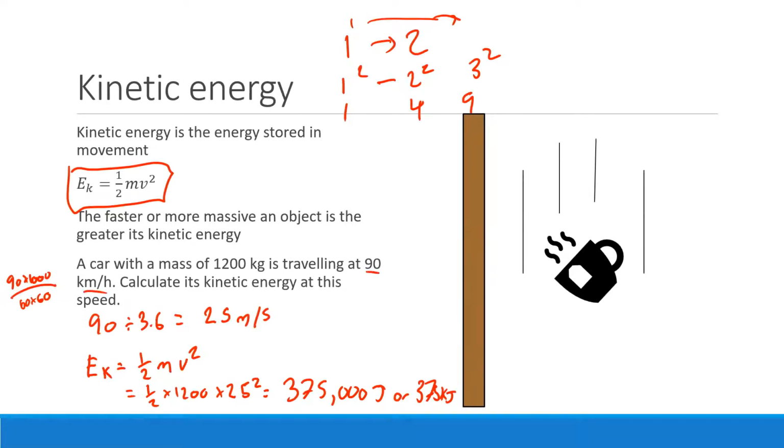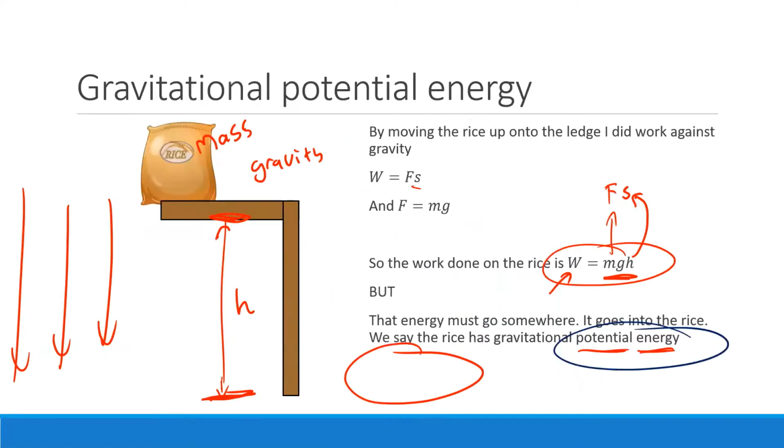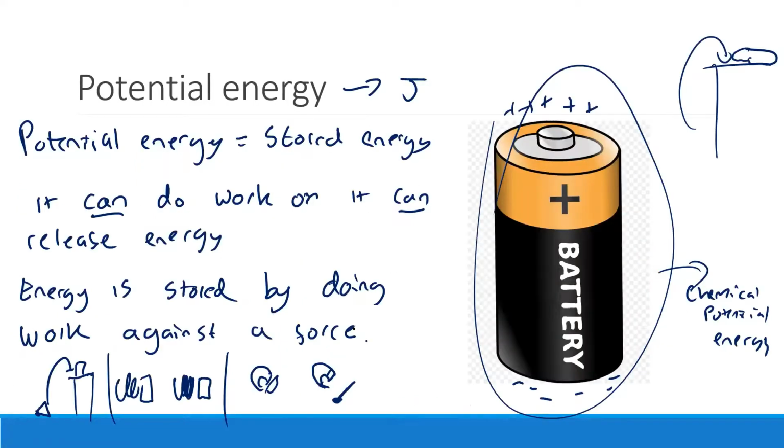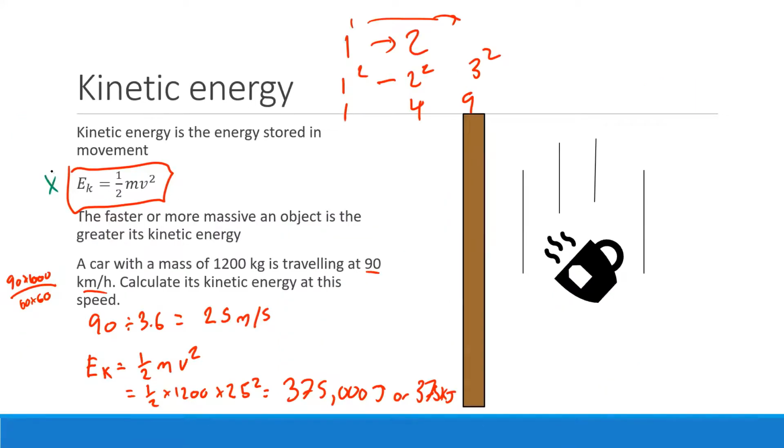We've got two formulas now: mgh down the bottom, and this formula here, mv squared. The kinetic energy is going to depend on how quickly it's falling. The potential energy is how high it is.